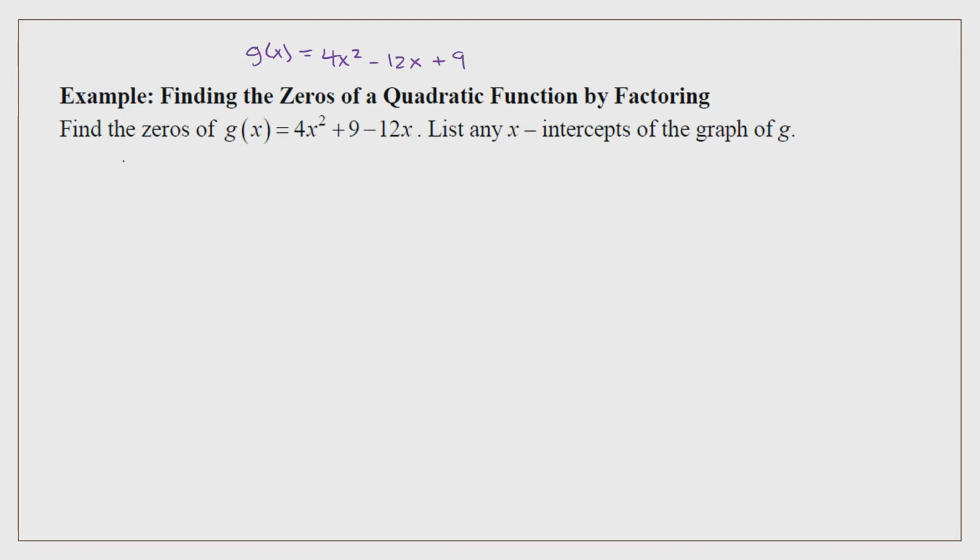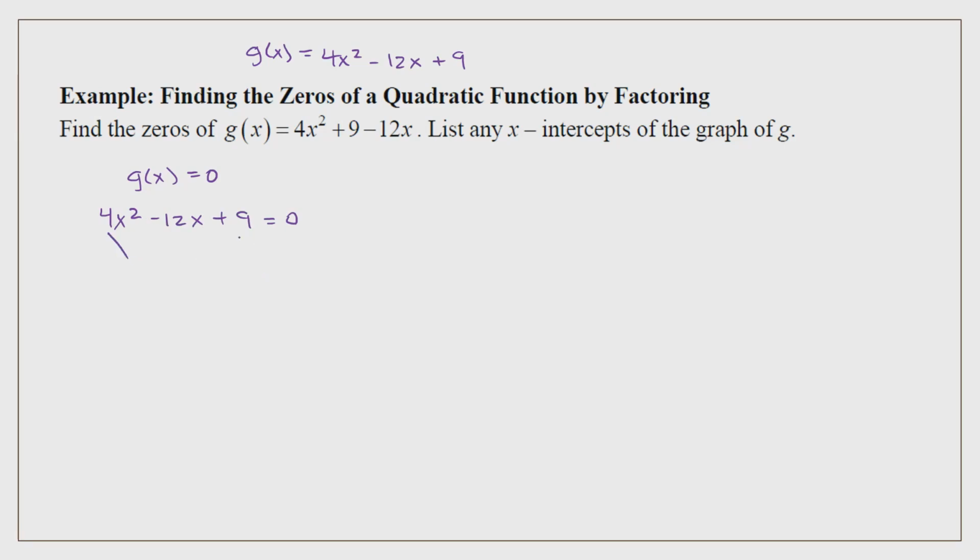Okay, so now that it's in descending order and I can clearly see my a, b, and c, I'm now going to solve. So I'm going to set g of x equal to 0. Then I'm going to write it as a quadratic equation. So 4x squared minus 12x plus 9 equals 0.